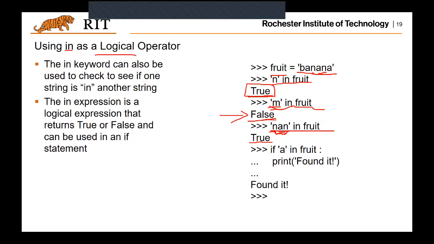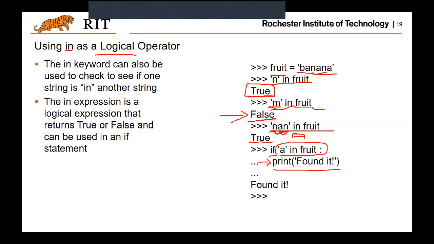Also, together with the if statement, you could set some conditions, right? Basically, this in operator will give you a true or a false, and that is the condition. So in this case, you can use if a in fruit, and if this condition is satisfied, some operation will be performed.